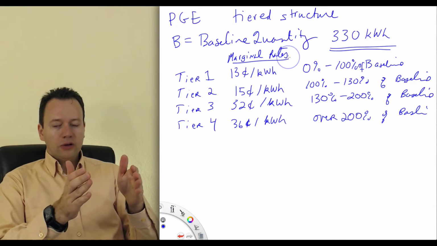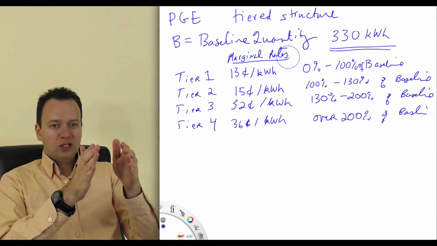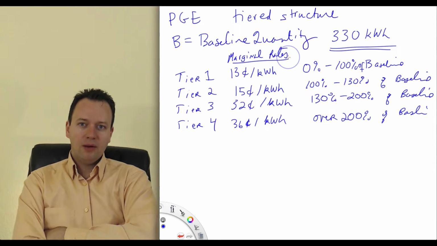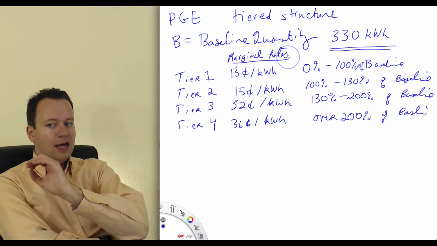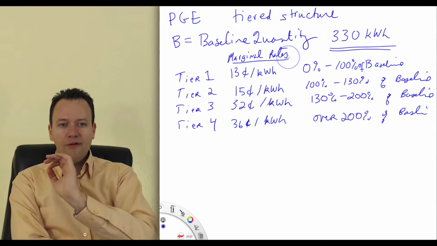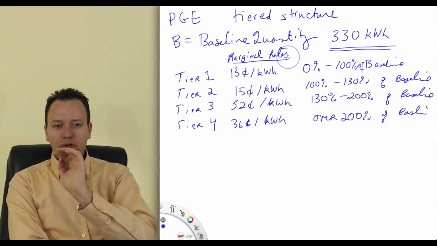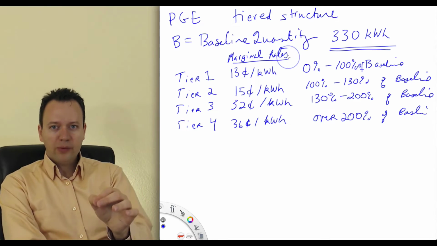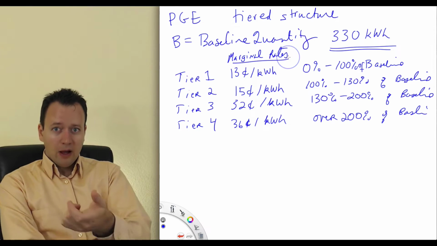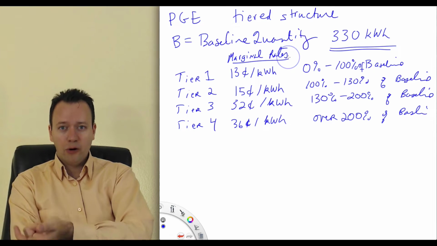So basically, if you consumed less than 330, less than the baseline quantity, it's just how much you use times 13 cents. If you're in tier 2, so if you've used between 100 and 130%, for example 120%, well, they first take the baseline usage and charge you 13 cents per kilowatt hour for your baseline.